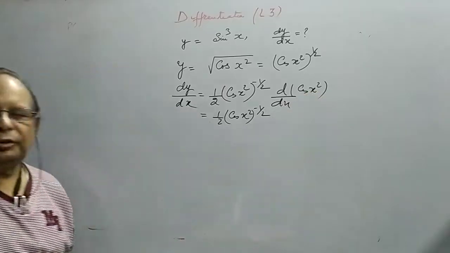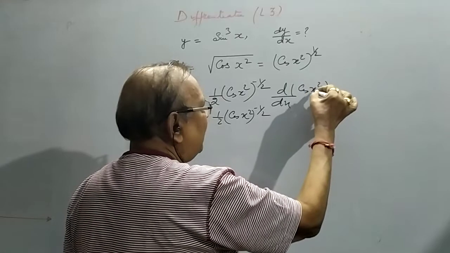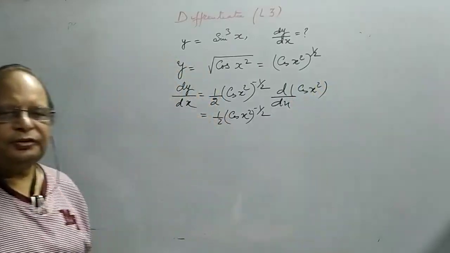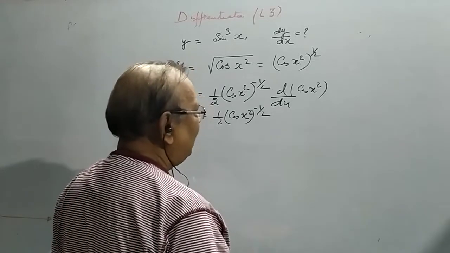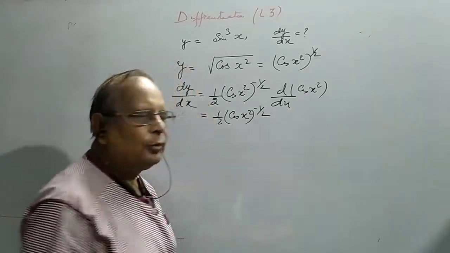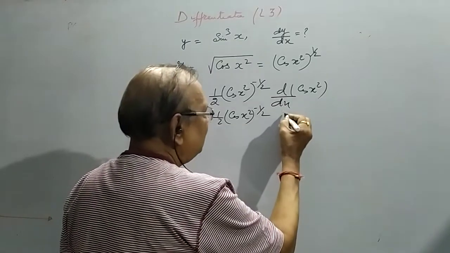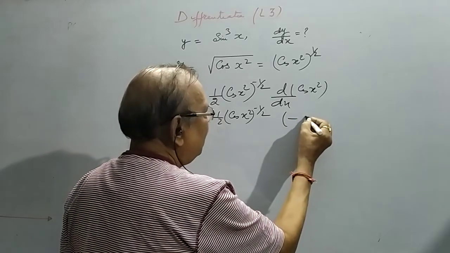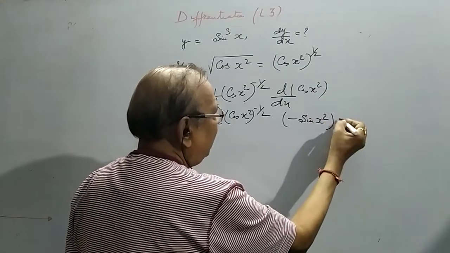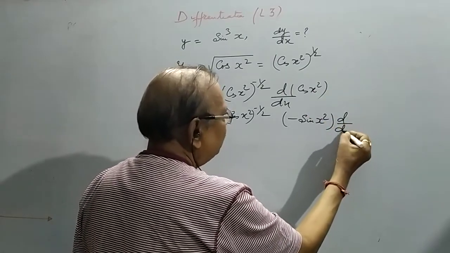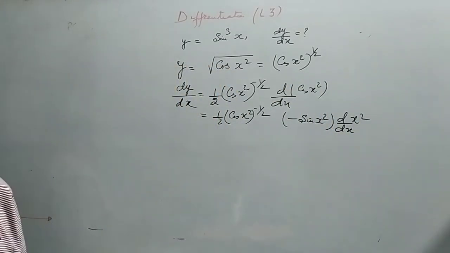D by dx of cos x square means, again we have to assume x square as t, because we are not familiar with direct differentiation of cos x square. We are familiar with differentiation of cos t. That means that is minus sin x square and d by dx of x square, as we have assumed x square as t.